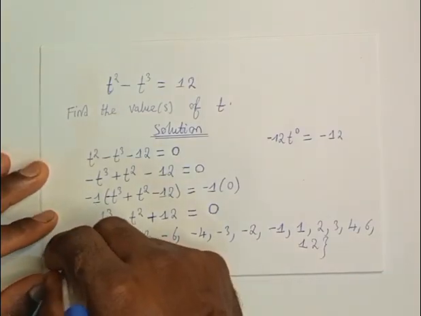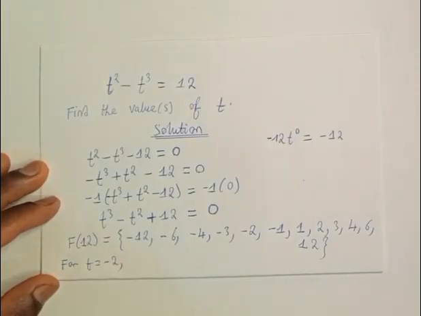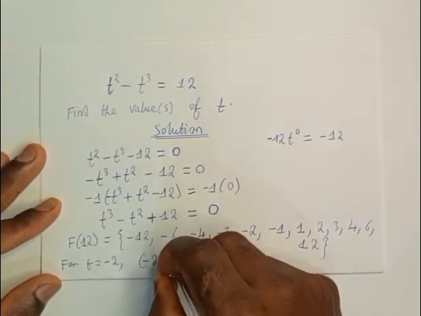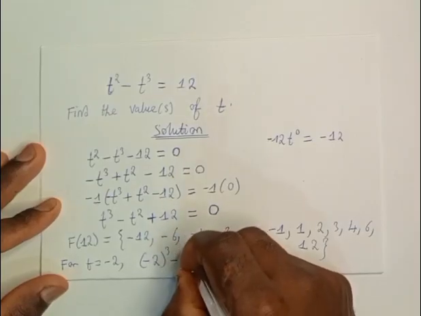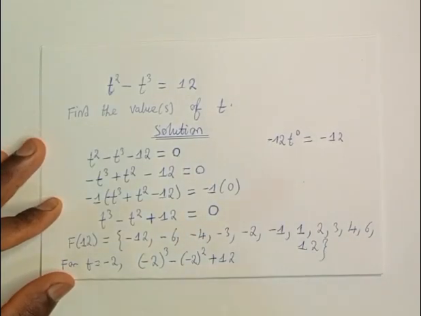Let's verify for t equal to negative 2. This will give us negative 2 cubed minus negative 2 squared plus 12. And this will simply be equal to negative 2 cubed.